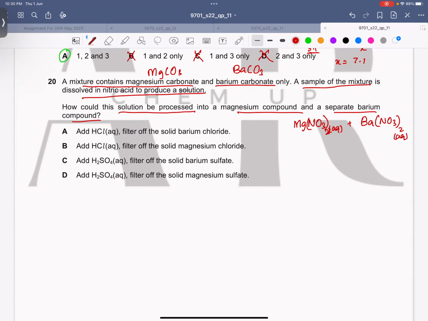Okay. So when I add HCl, it is going to give me magnesium chloride and barium chloride, which are both water soluble. So A and B go wrong.